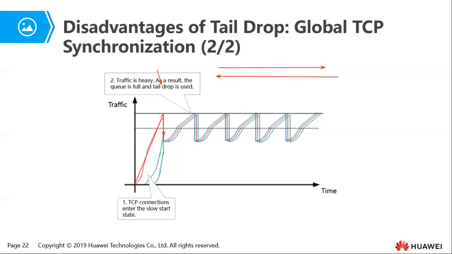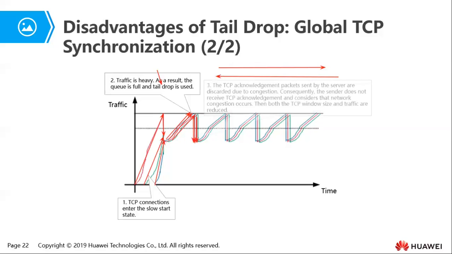But after it has fallen, someone else sends TCP data, and someone else again, and now these three TCP streams also fill the queue. So again, what happens? Tail drop. When tail drop happens, again all of them will fall, because the server will reduce the window size of the packets. So that will continue happening.